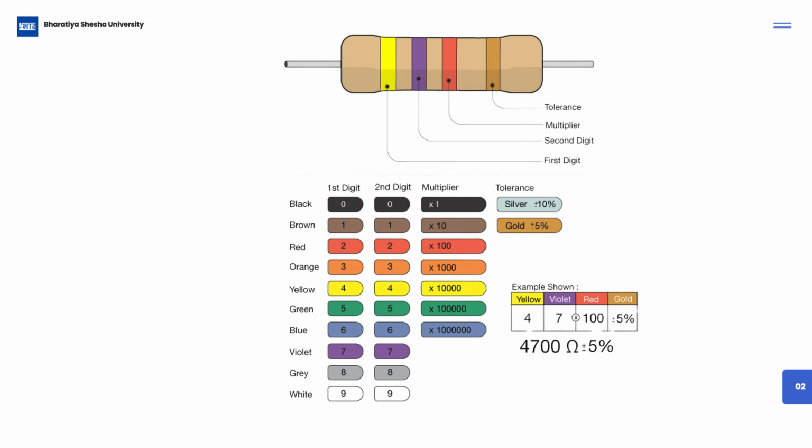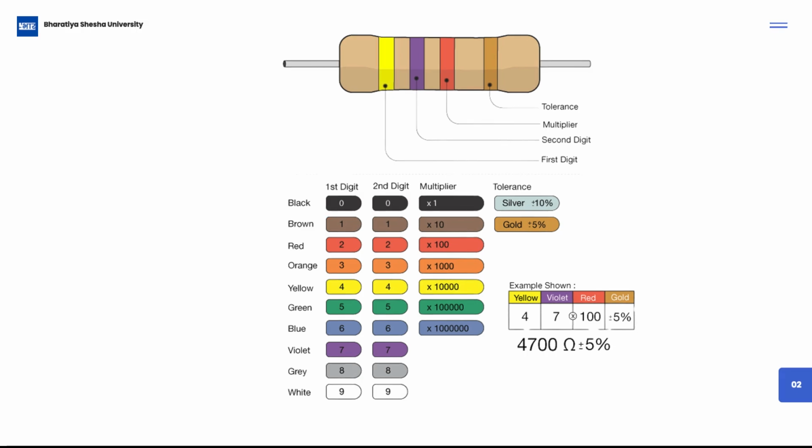The tolerance will be plus or minus 5% of the actual value, which was 4700 ohms. So the answer over here is 4700 ohms plus or minus 5%. You don't actually have to memorize the numbers and the color coding, but it would be a good idea to learn them. But you should know the meaning and how it is read, for your reference in future.